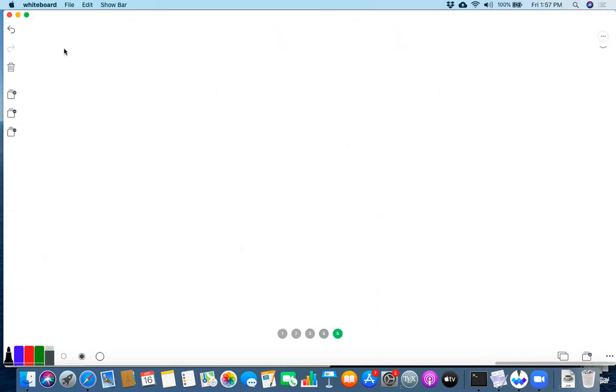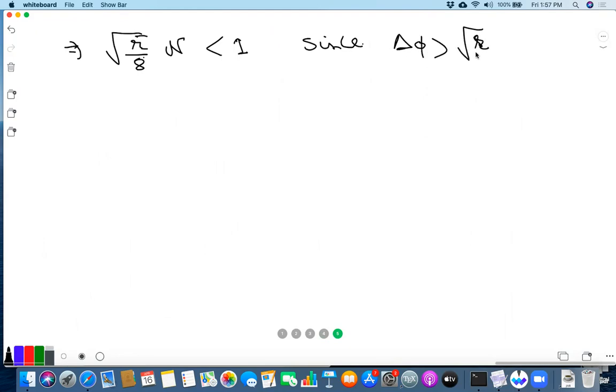So this implies that square root of r over 8 times n should be less than 1, since delta phi is larger than square root of r over 8 times n, or delta phi is of this order. And we demand delta phi less than 1.